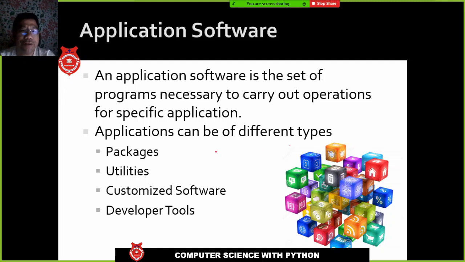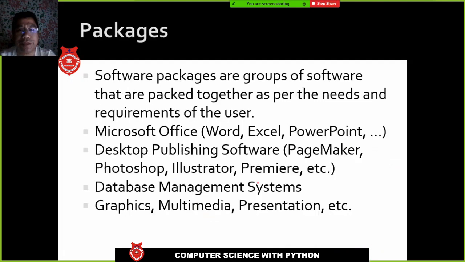All right, now let's go to the different categories of application software. They are known as packages, utilities, customized software, and developer tools. Okay, let's talk about packages. Packages are groups of software that are packed together as per the needs and requirements of the user. For example, when you say Microsoft Office, we are referring to Microsoft Word, Excel, and PowerPoint.